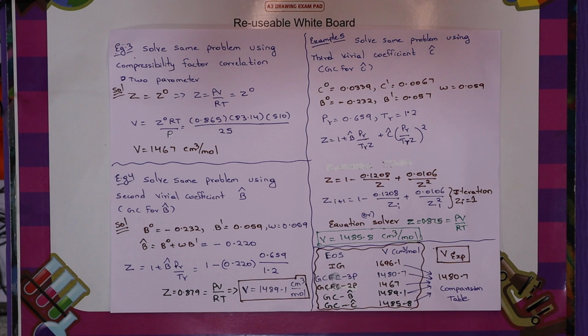When you compare with experiments, because every equation may or may not estimate the correct value, always compare with the experimental value. For N-butane, the molar volume is 1480. Now you see, except the ideal gas, all the other models predicted at least close to the real value, which is the experimental value of N-butane.